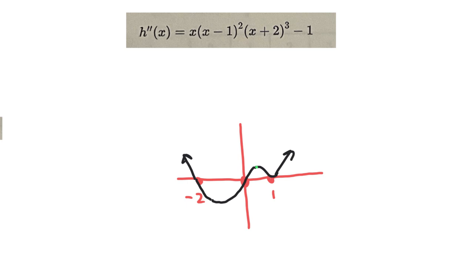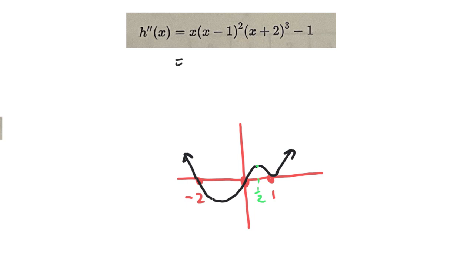If you shift it down, but that green point is still above the x-axis, guess what? We have more than 2 points of inflection. So what do we do? Well, we pick a point, an x value, like 1/2, and we plug it into this. And if we get a positive value, then there are more than exactly 2 points of inflection.